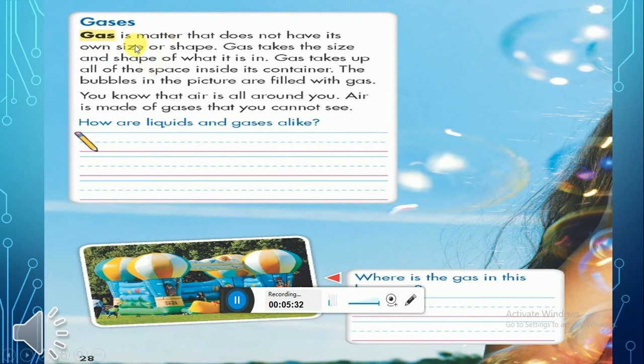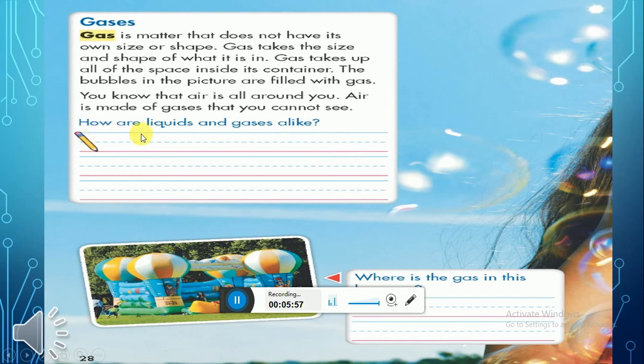Okay, gases don't have their own shape or size. They take the shape and the size of the container. If you put it here, it will take the shape and the size of this container or any other container.